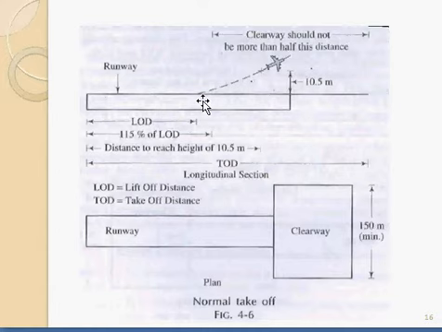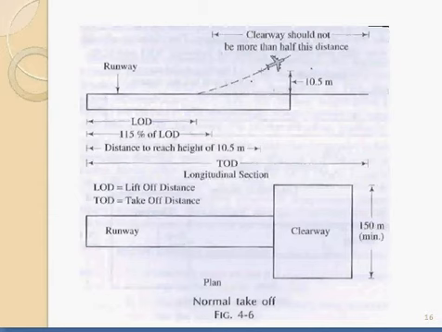When it starts to fly, it will reach a height of 10.5 meters at this point. This is the distance traveled by the aircraft to reach a height of 10.5 meters. Then the takeoff distance will be taken as 115% of this distance.